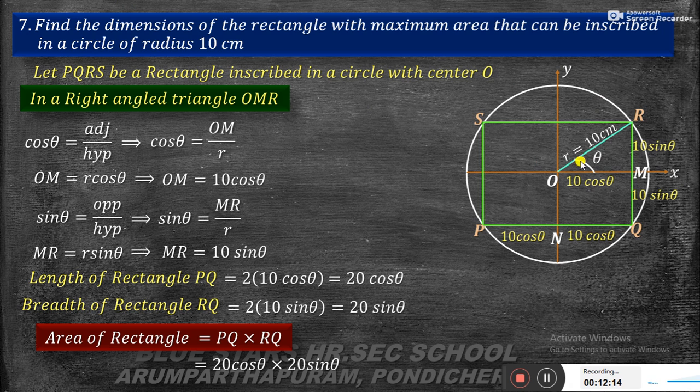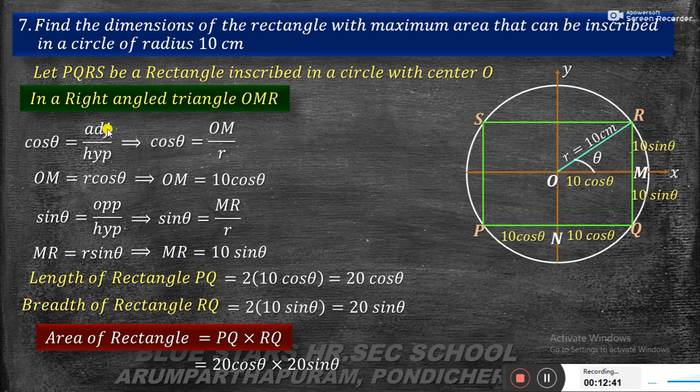The circle radius is 10 cm, given. Now you see from the diagram, I represented the rectangle as PQRS. Let PQRS be a rectangle inscribed in a circle with center O. So this rectangle lies in the circle, center is O. Therefore a right angle triangle. I consider the right angle triangle OMR. Now I represent cos theta.